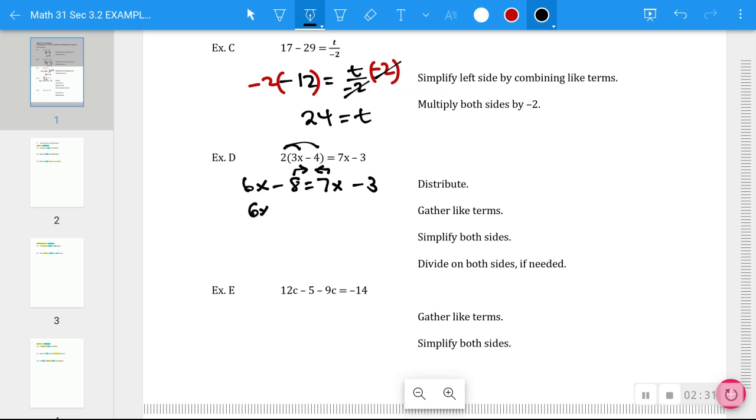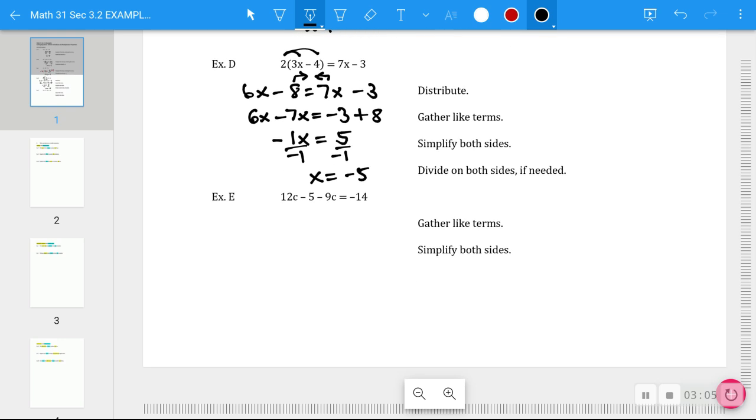So I'm going to have my 6x that's already over there, but that 7x when it joins is going to become negative 7x. And the negative 3 was already on the right, but the minus 8 becomes plus 8. The effect really is that we're adding 8 to both sides. The left-hand side simplifies to this, and the right-hand side simplifies to 5. Dividing both sides by negative 1 gives our answer of negative 5.